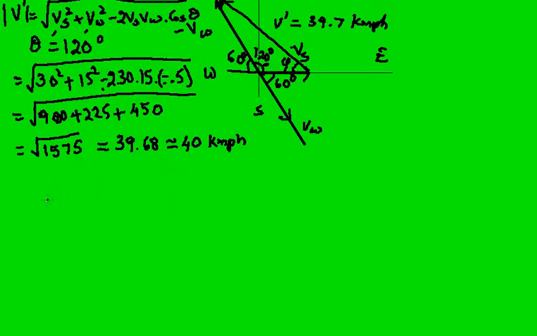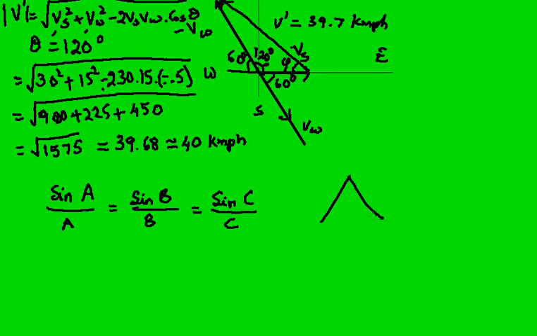The law of sines says that the sine of an angle, let the sine of the angle be A, to the opposite side, in this case the side opposite to angle A would be a, will be equal to sine of the angle B by side b, equal to sine of the angle C by side c.